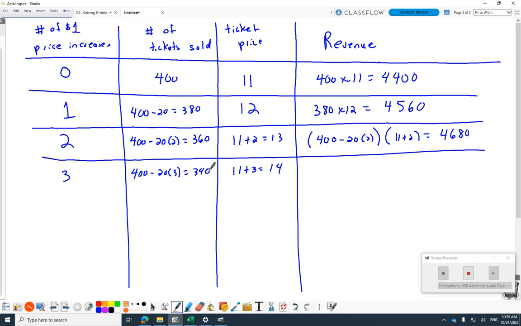So now I'm going 400 minus 20 times 3. And I'm multiplying that by 11 plus 3. Yes, I know what those answers are. 340 times 14. 4760. Looking weird on my page there. It's weird.